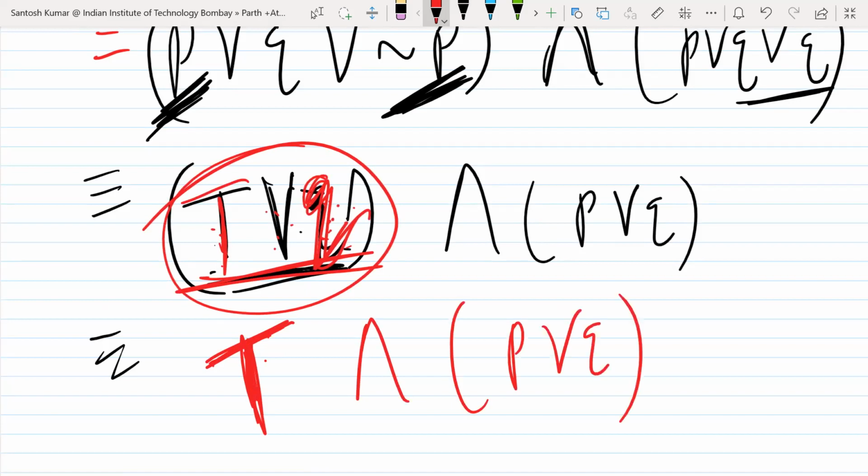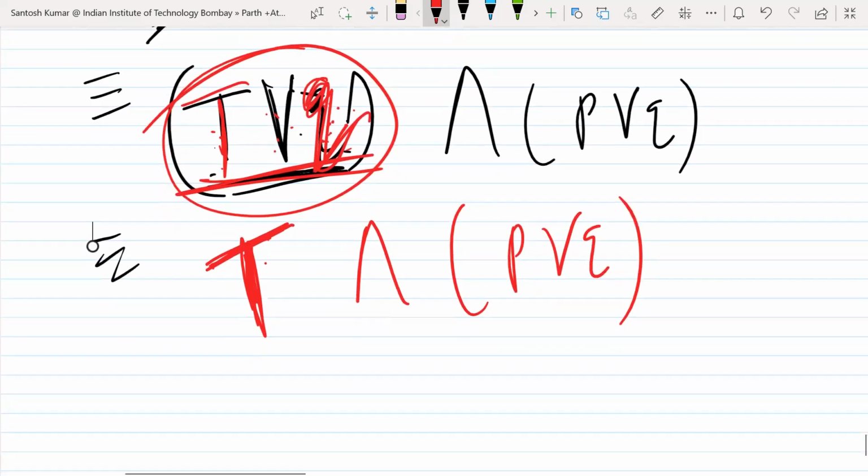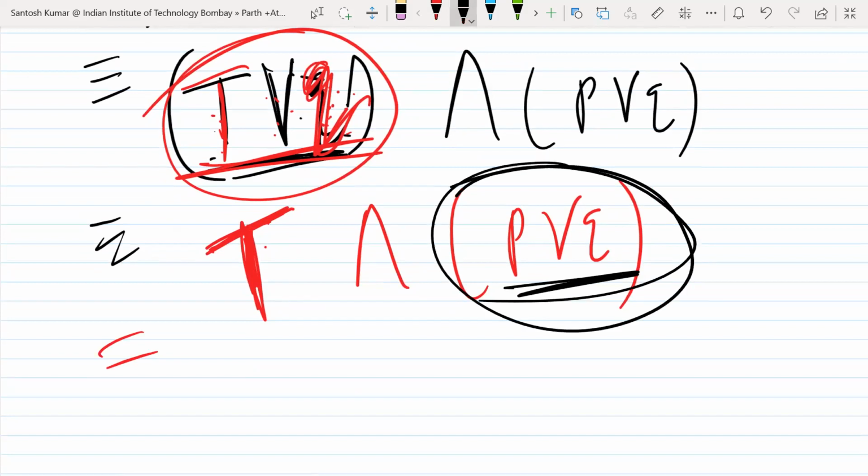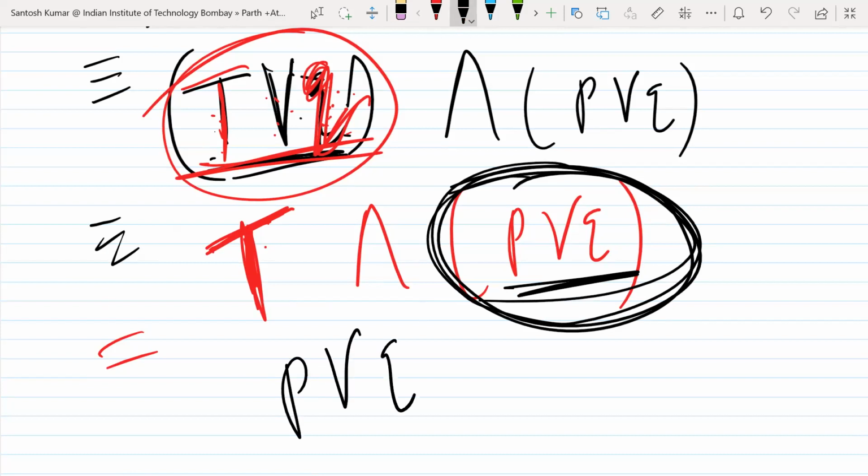P or Q. Now, true and some statement will depend on this statement. Because if it is true, true and true is true. If it is false, true and false is false.